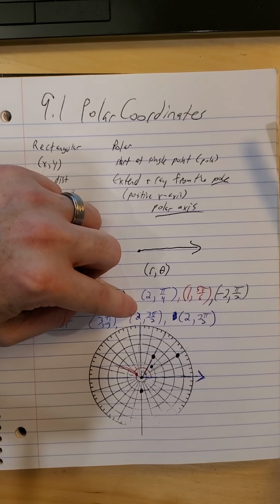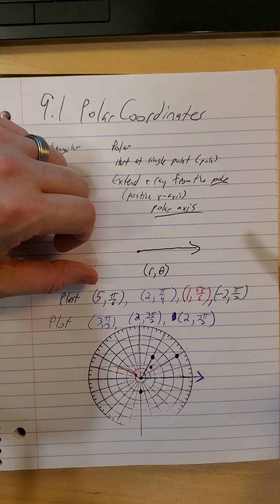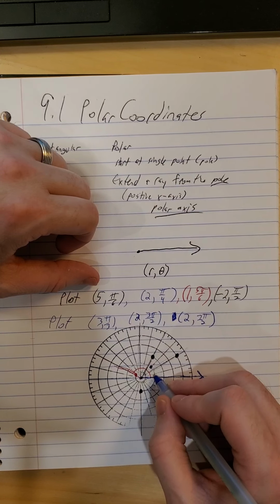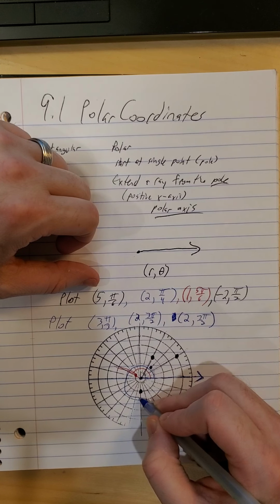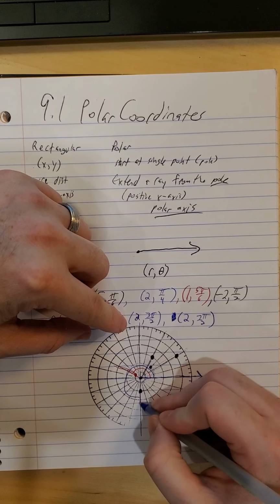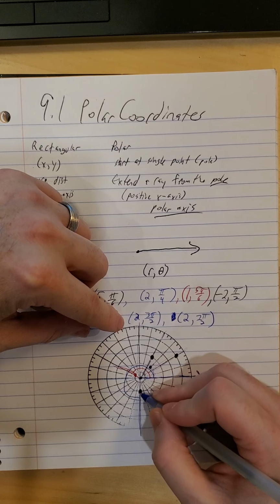So next one, 2 comma 3 pi over 2. So 3 pi over 2, we loop all the way around to the 270, and I'm going then 2 units in that direction, 1, 2.